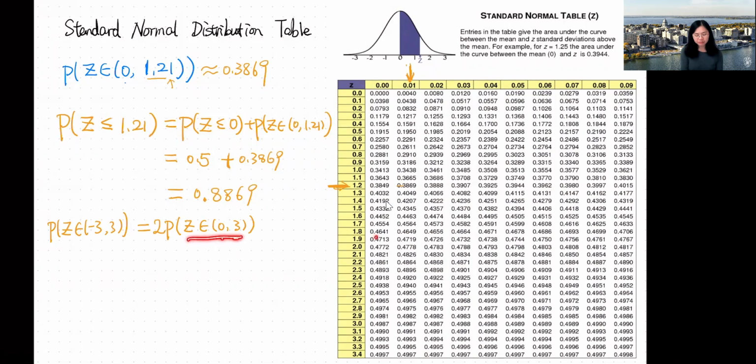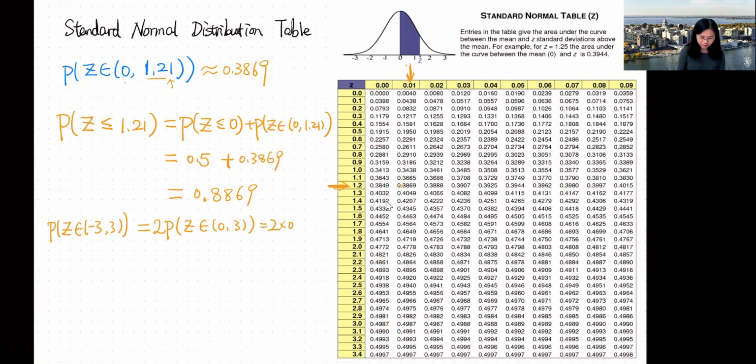And that can be figured out from the table. You simply look for 3 in the row titles, which is here, and 0 in the column title. So it's this row and the first column, which give us 0.4987.